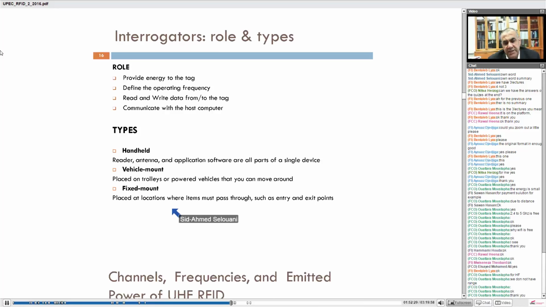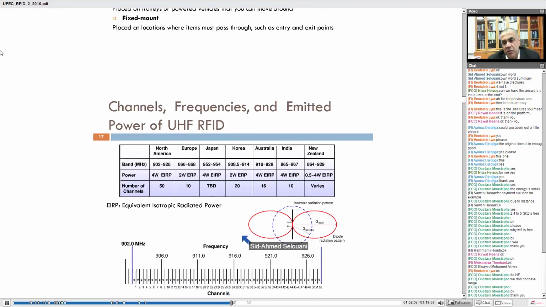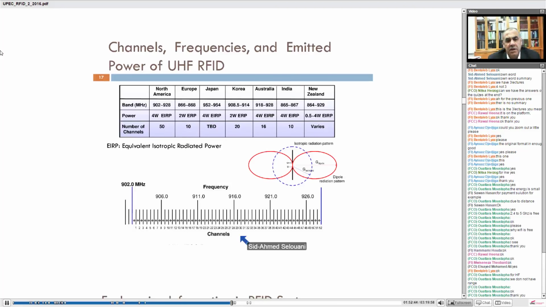So it's all in one device. A vehicle mount or mobile reader is placed on trolleys or powered vehicles that you can move around, and the fixed readers are placed at locations where items must pass through, such as entry and exit points.